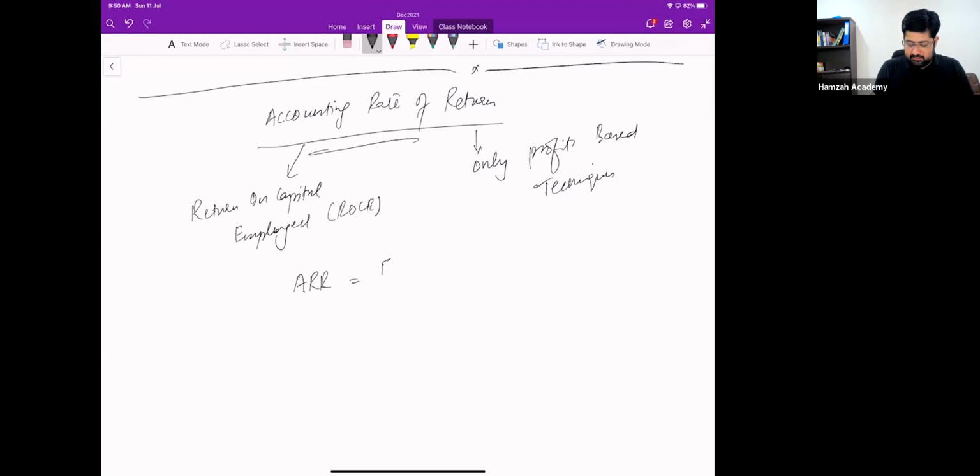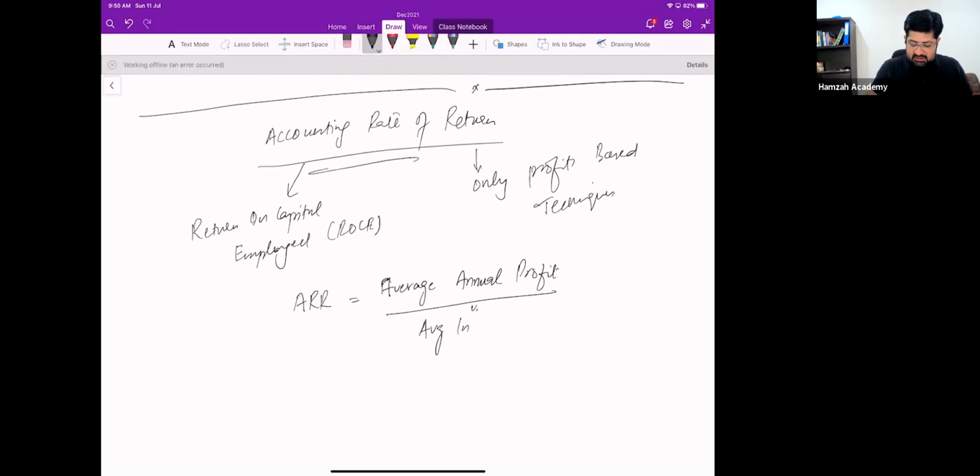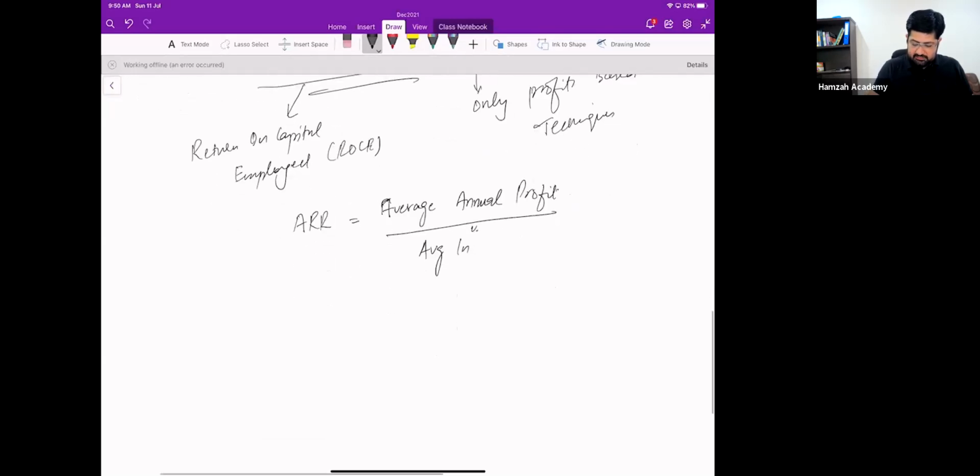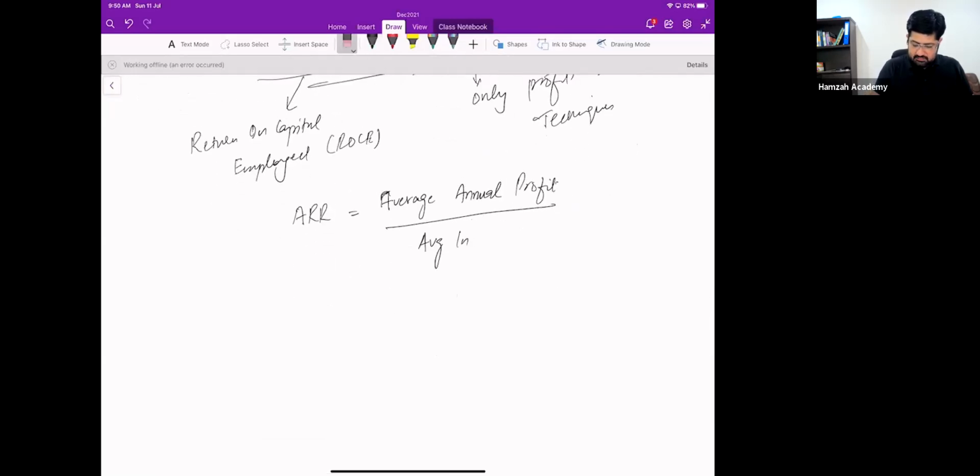average annual profit, divided by average investment, times 100.